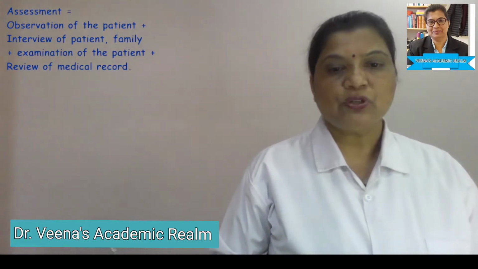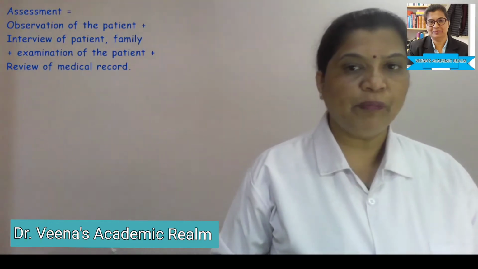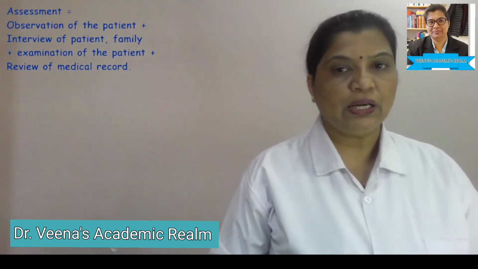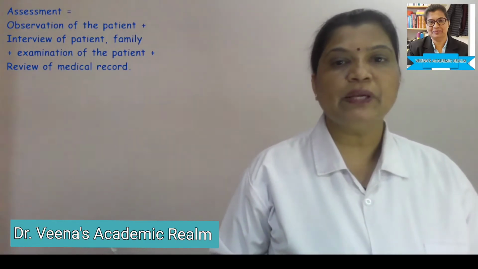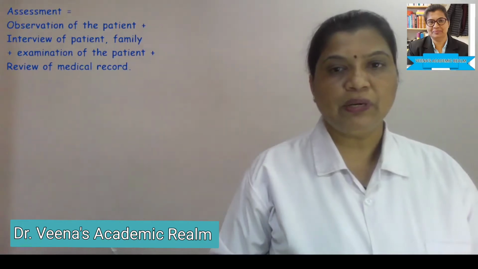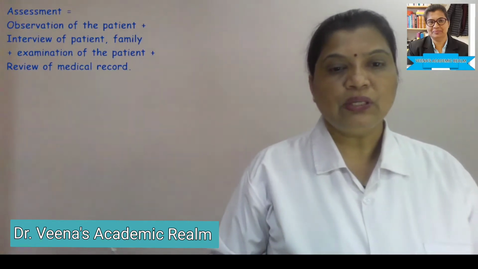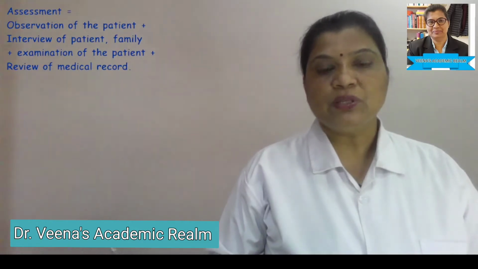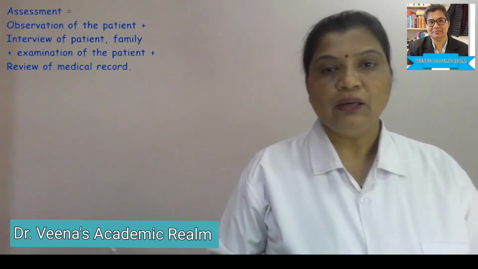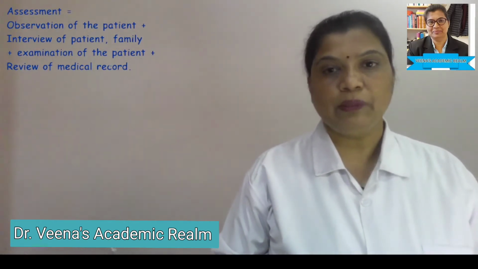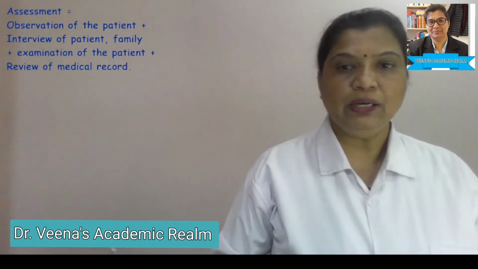Then review of medical records: whatever records the patient has, such as previous treatment, diagnosis, or investigations done. So this is about assessment: observation of the patient, interview of the patient, collecting information from family members and friends, examination of the patient, and review of medical records.